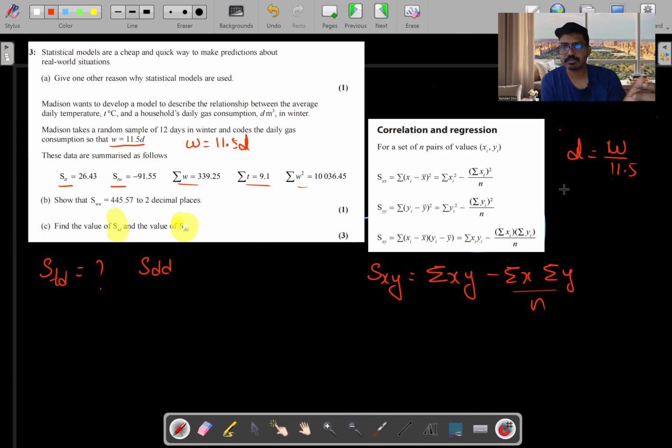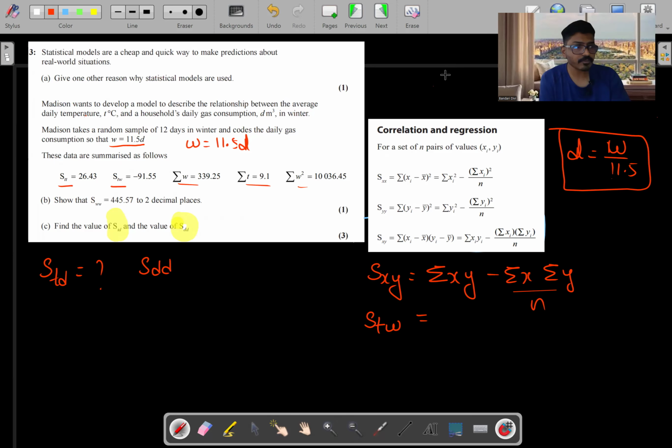Remember, we don't have a direct relation for T and D, temperature and daily consumption, but we have the relation which is STW. So STW is given, and wherever D is there, we will put that value as W by 11.5. Let's see how we are going to do that.